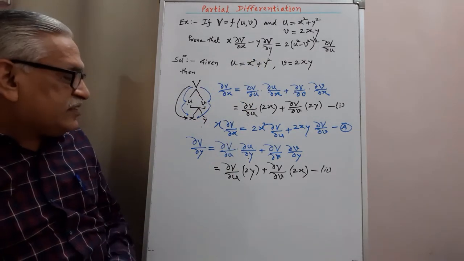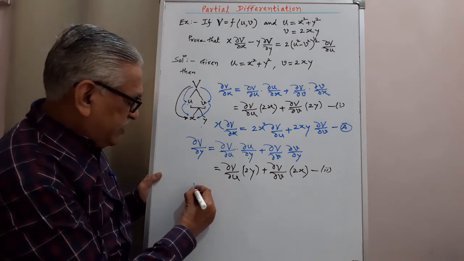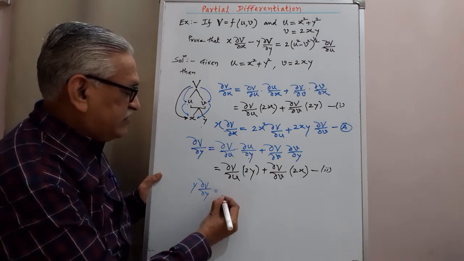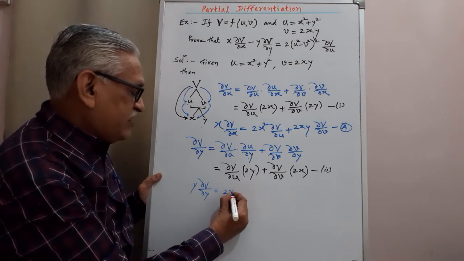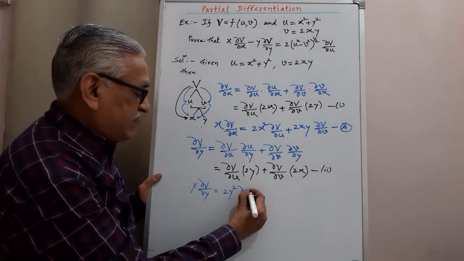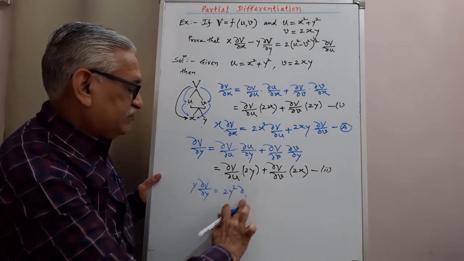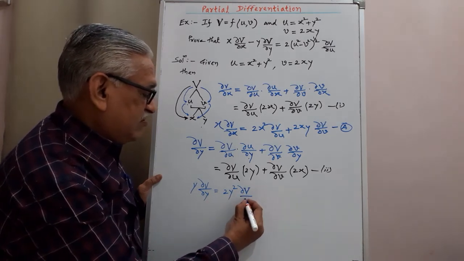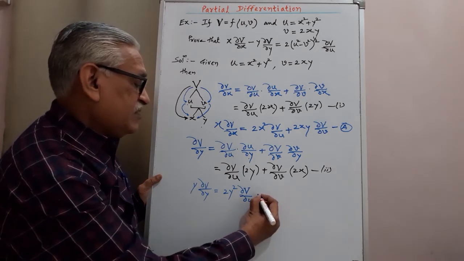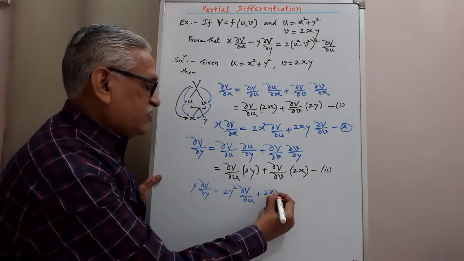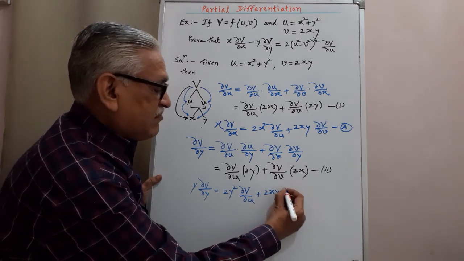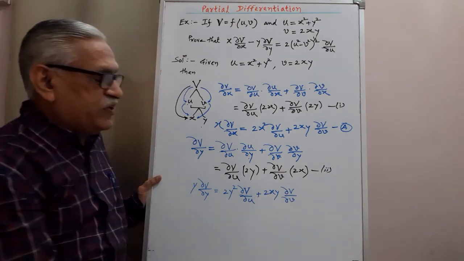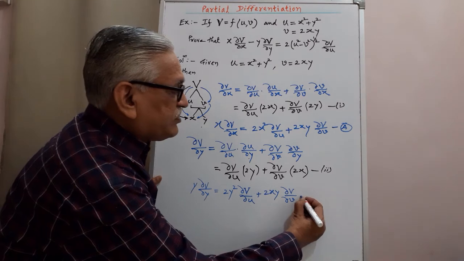So we multiply equation 2 by y, we get y dou V by dou y as it is, 2y into y becomes 2y square dou V by dou u, plus 2xy dou V by dou small v, and we call this equation B.